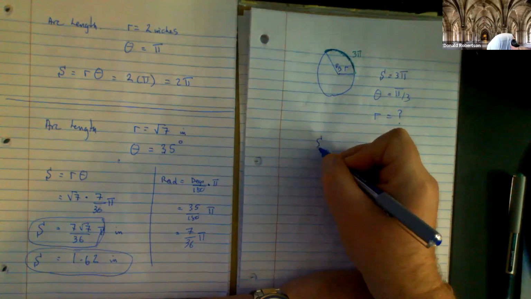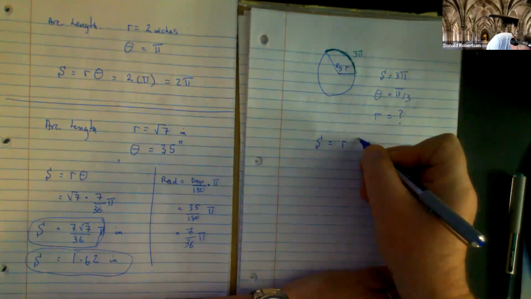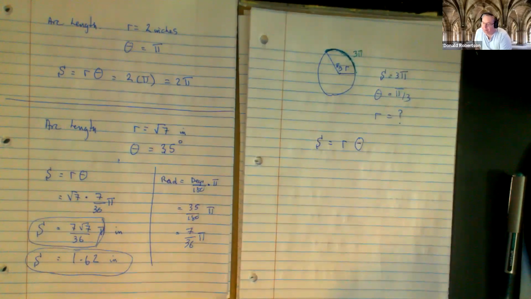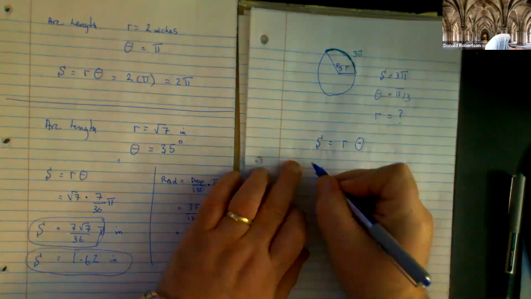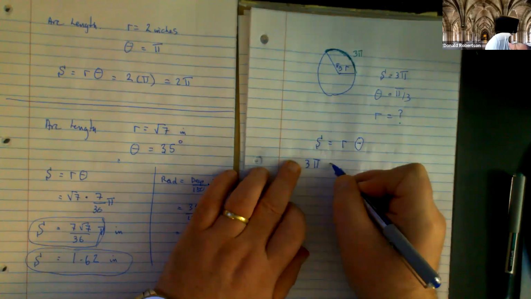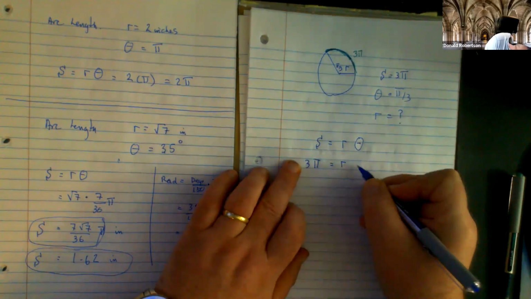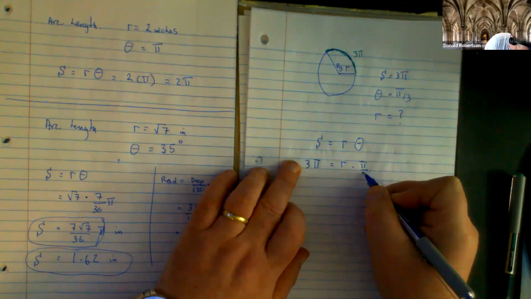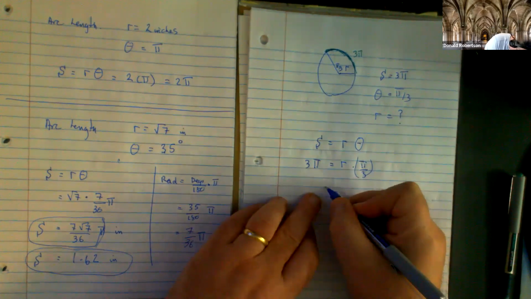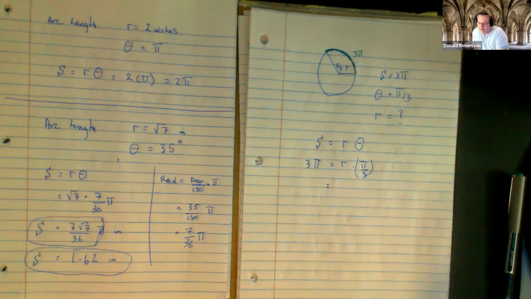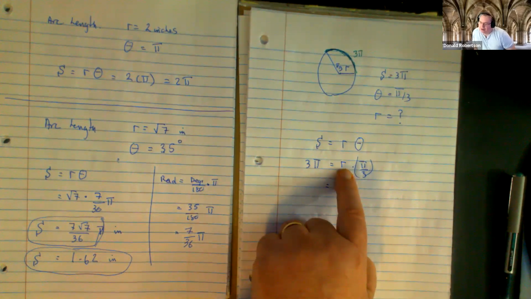So how do we tackle that question? You start with your basic arc length formula, right? And you put in 3 pi, you put in r, and you put in pi upon 3. Haven't I essentially got a little equation with an unknown value r?